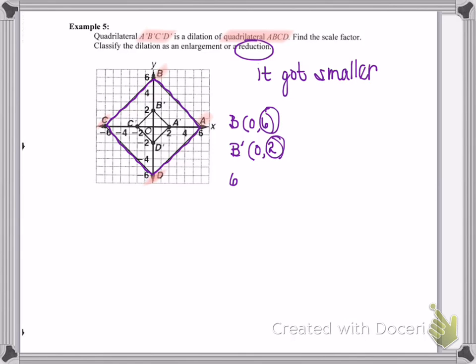And so I'm thinking about 6 to 2, or 6 over 2 would be 3. So that means that the big figure is 3 times bigger, but we want to multiply to get it smaller. So what times 6 gives me 2? Well, x would be 1/3. So my scale factor is 1/3.